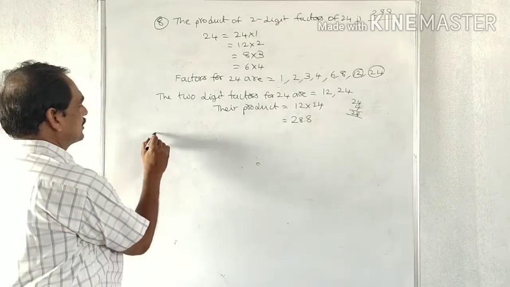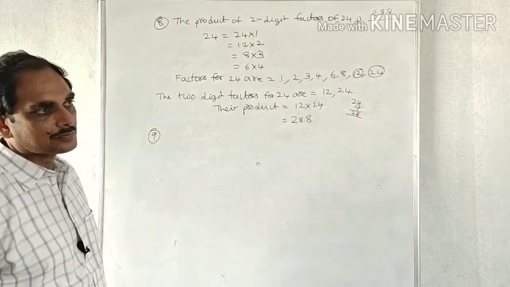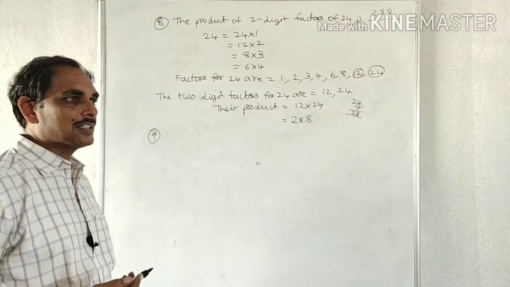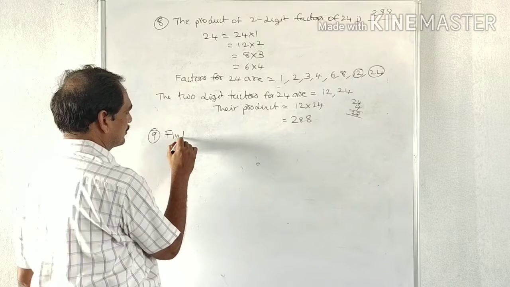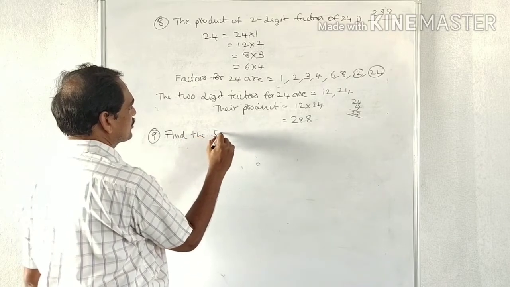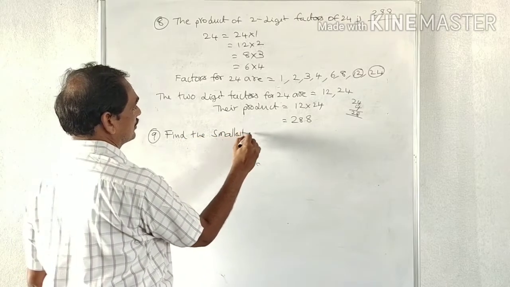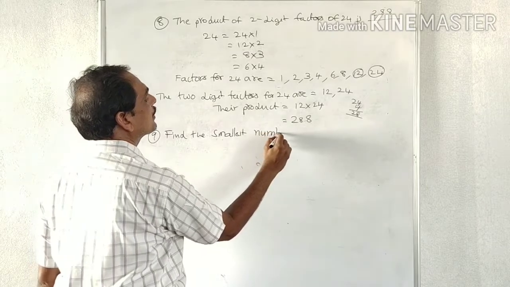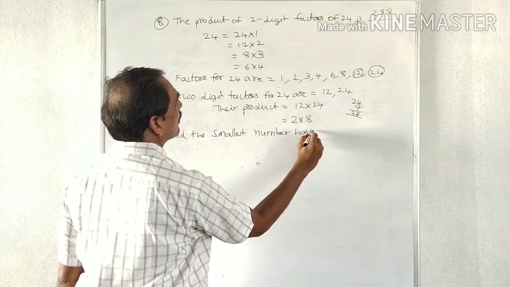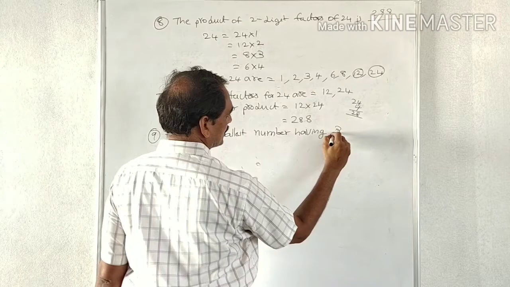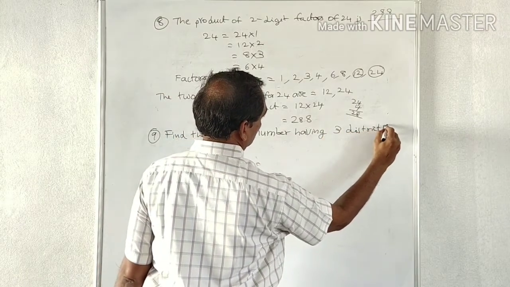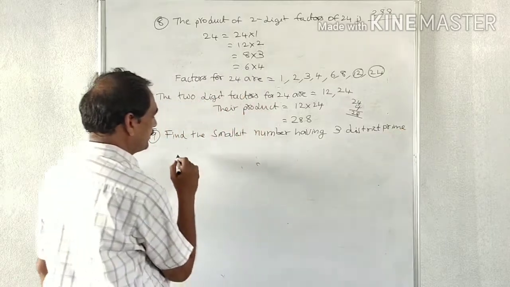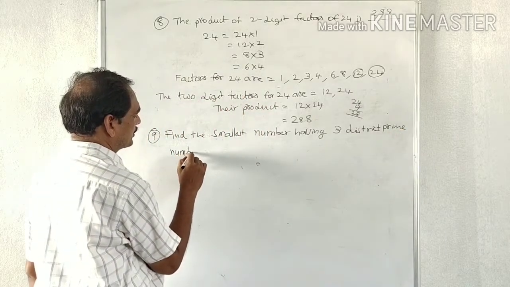Next, ninth problem. Find the smallest number having three distinct prime numbers.